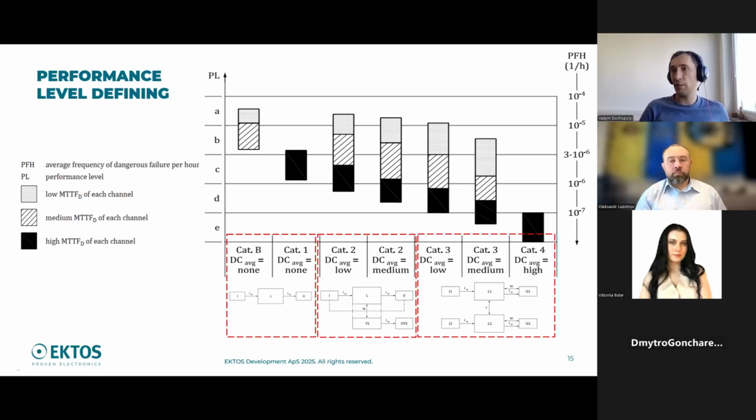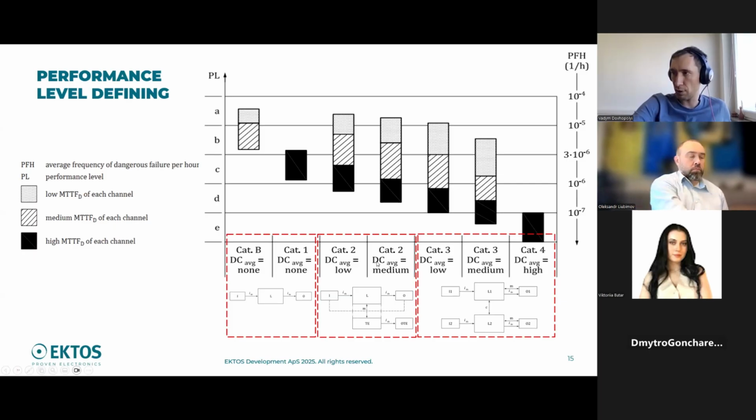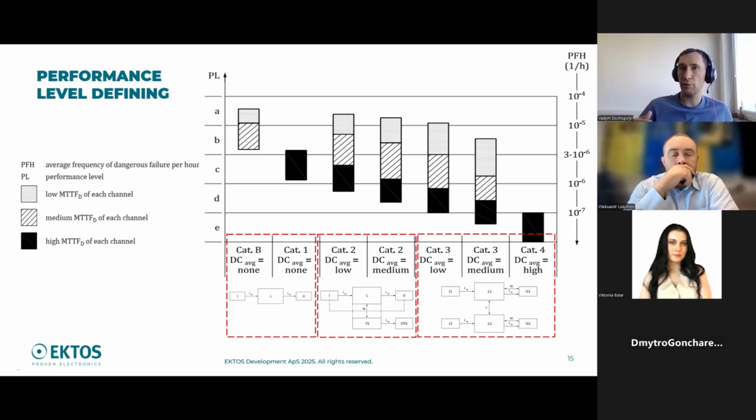And the best, according to this standard, is category 3 or 4 with different levels of diagnostics and MTBF. Also, as you can see here, if you have high diagnostic coverage, it gives you a higher performance level.